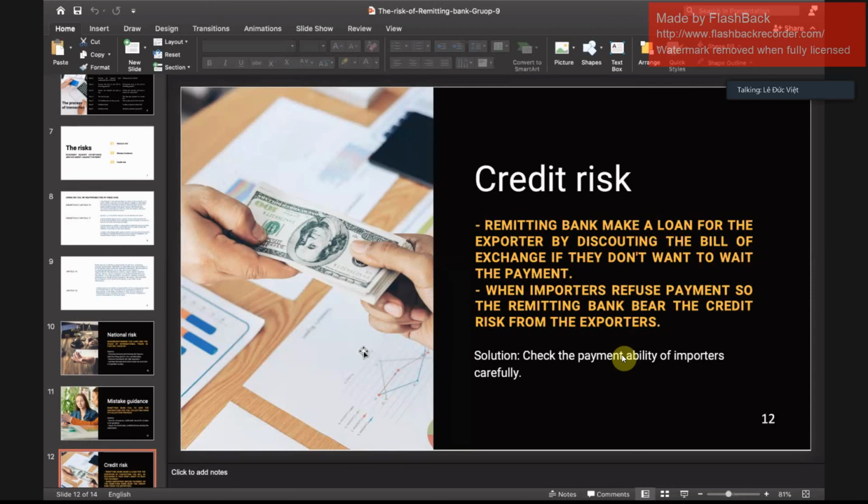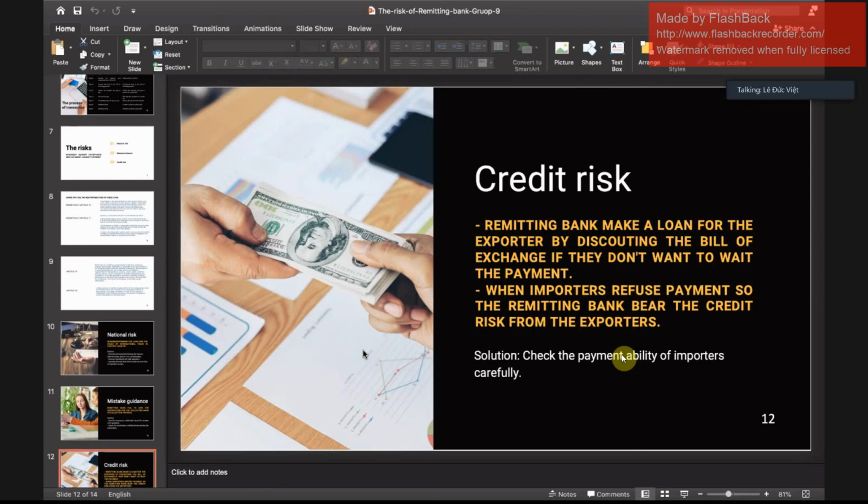So if the importer does not make the payment to the collecting bank, the remitting bank won't have the payment to cover the loan.